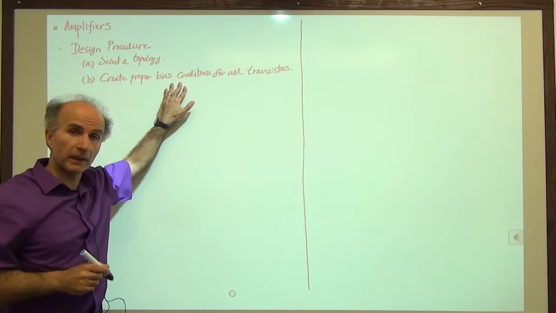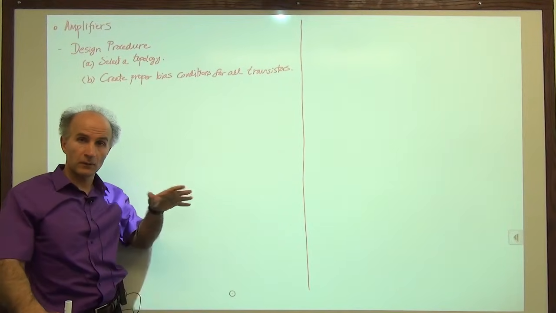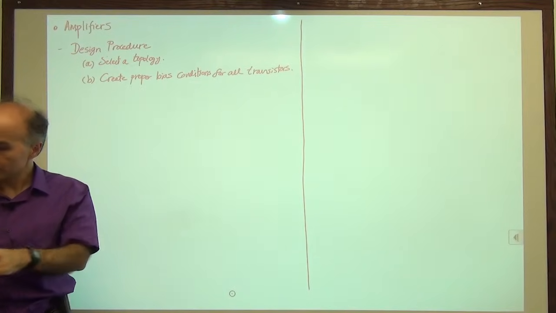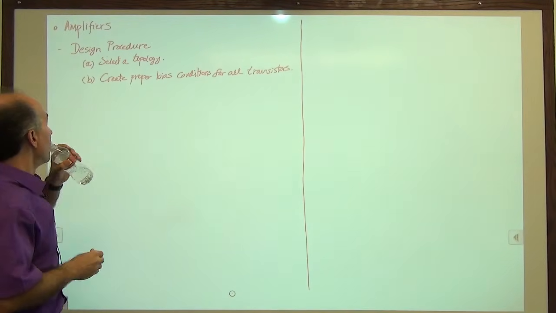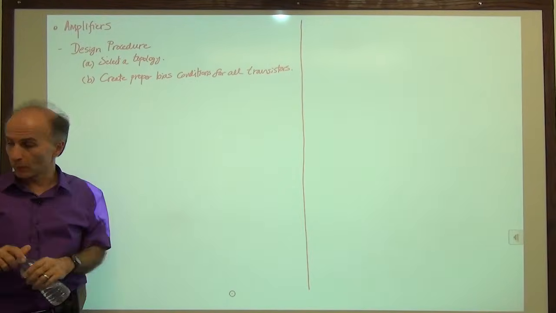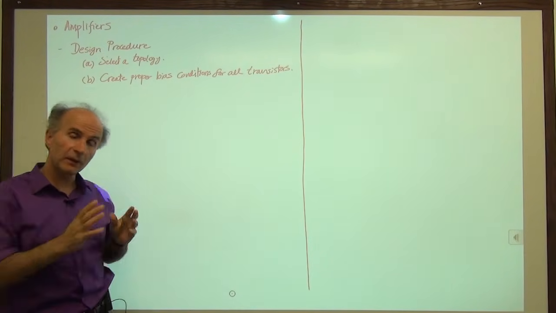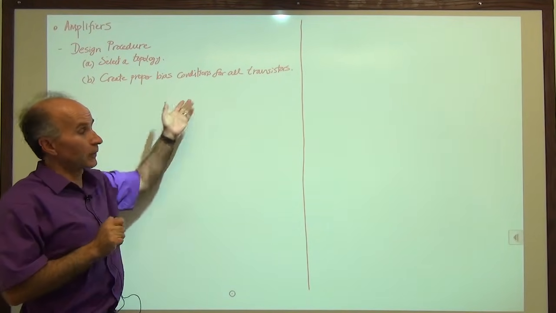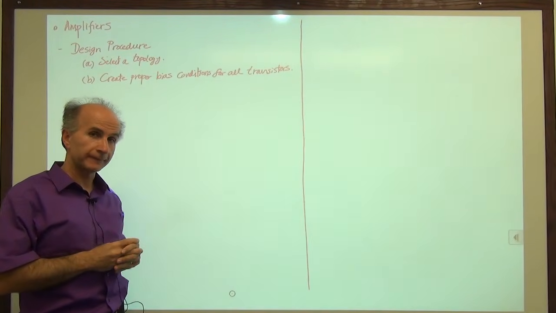This is necessary because if the collector current without any signals is 0, then the transistor has no ability to amplify.